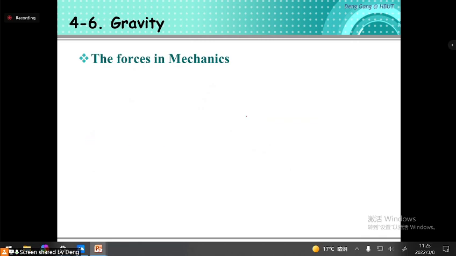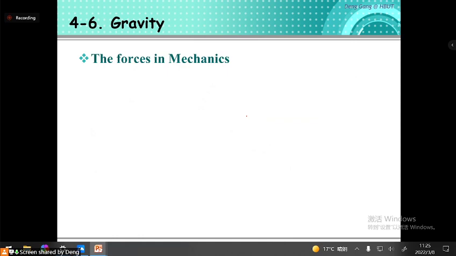So gravity is one of the forces. Why do we explain gravity first? Because you can never escape from gravity, right? You will never escape from gravitational force.